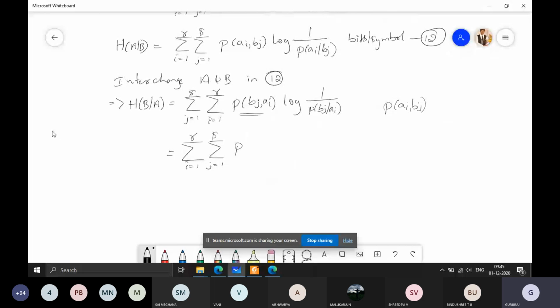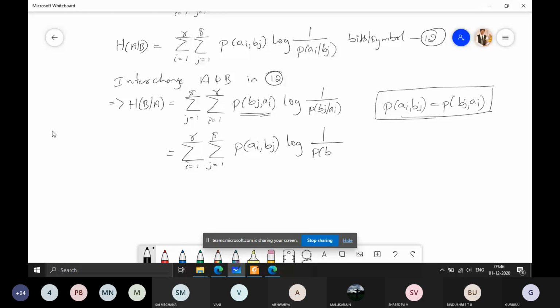The joint probability of ai with bj will be same as joint probability of bj with ai. So this is a property of JPM. Remember this. Hence this term here, joint probability of bj with ai is same as joint probability of ai with bj, into log 1 divided by p of bj by ai.